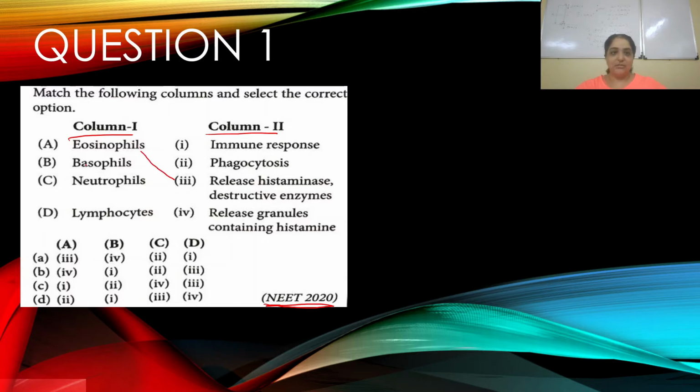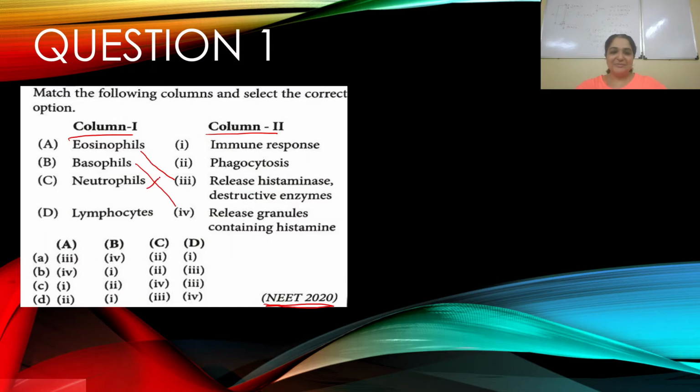All right. So next one, basophils. Basophils, immune response, no. Phagocytosis, no. They release granules containing histamine, that is true. So you have B4. Then you have C, neutrophils. Neutrophils are phagocytic.